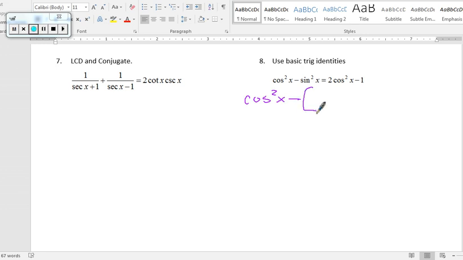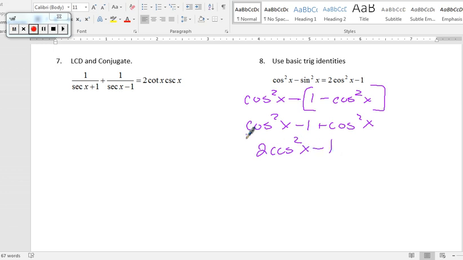Anytime I replace anything with a minus, I throw up a bracket to remind myself that I will need to distribute. Sine squared x is the same as 1 minus cosine squared x. Distributing that negative through now, I get 2 cosine squared x minus 1, which is exactly where we want to be.